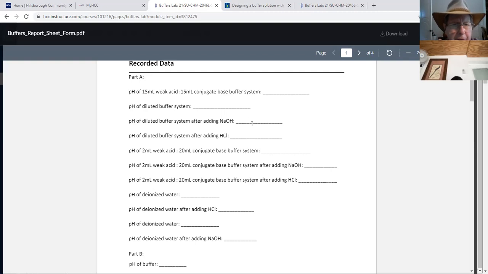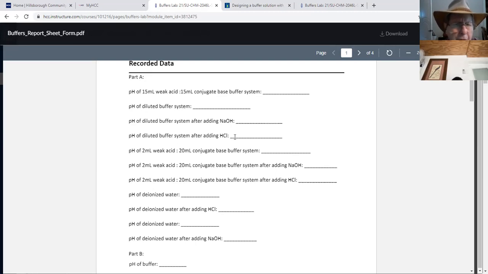To the second beaker, you're going to add 0.25 milliliters of HCl. You're going to see what the pH of that is. Basically, what you're doing is challenging the buffer, and it's trying to show you that, yes, a buffer works. Okay, Jennifer? At this point, throw everything away. You don't need anything more.